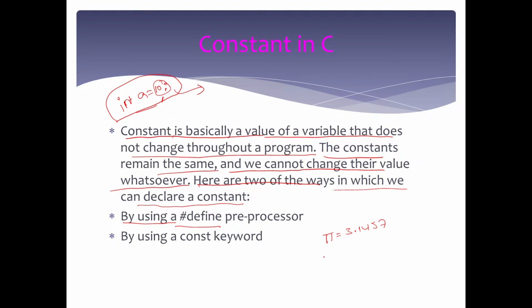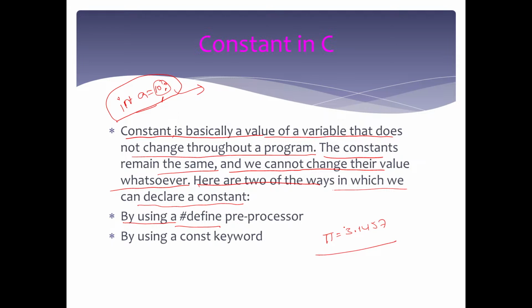If I declare this particular value within the program itself, there might be a chance of that variable changing. When we are using loop control structures like for, while, and do while loops, that is very difficult.